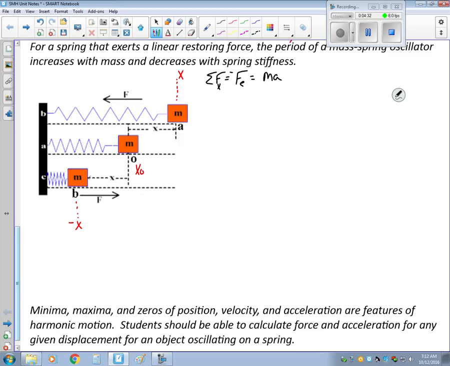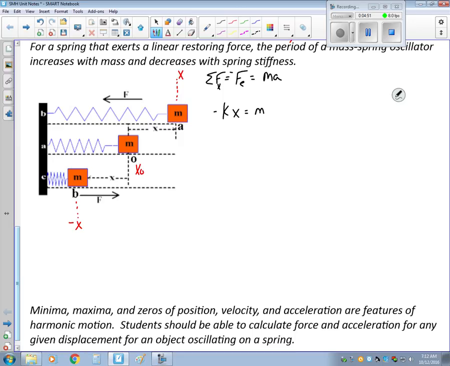The model for elastic forces is the spring constant times your displacement. For us, it's being displaced by some unit x. Got our negative sign there: negative kx equals mass times acceleration.